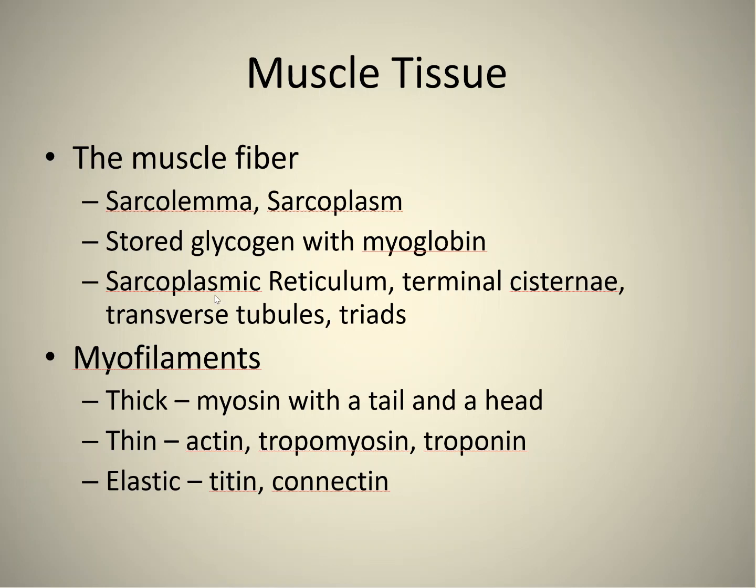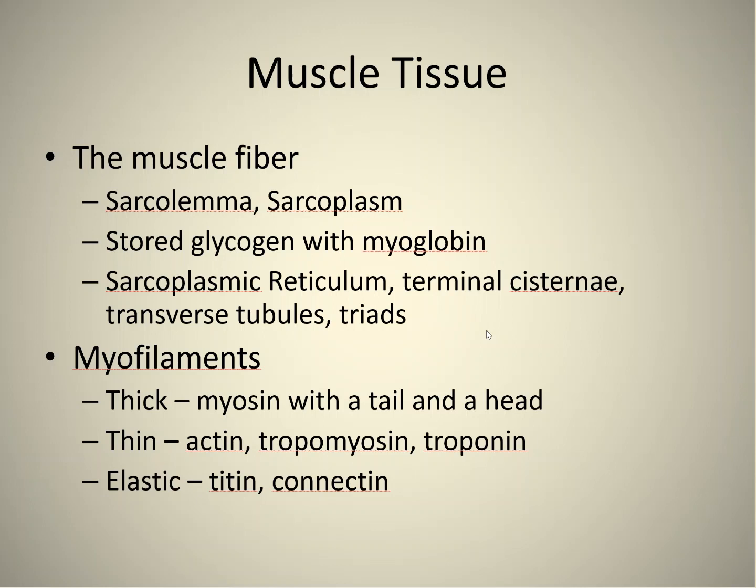There's the endoplasmic reticulum in skeletal muscles called the sarcoplasmic reticulum. It has these things called terminal cisternae, transverse tubules, and triads. We're going to get to those in a moment when we look at a picture of the inside of muscle cells. And the sarcoplasmic reticulum is a storage area for calcium, which is the trigger for muscular contractions.